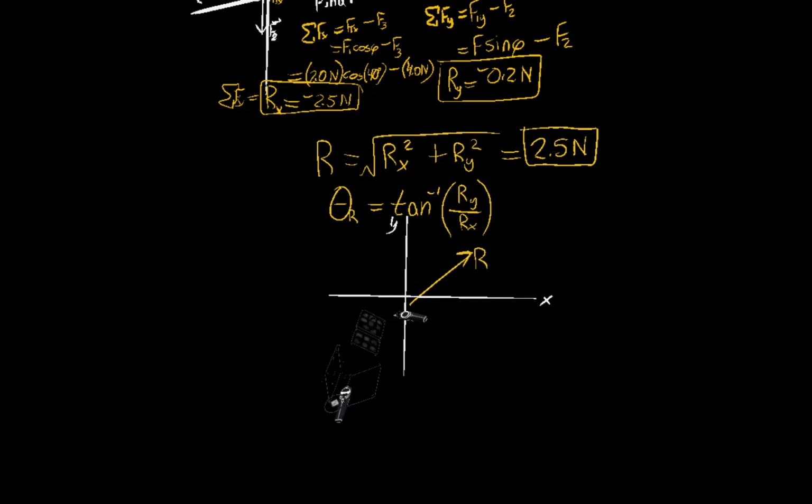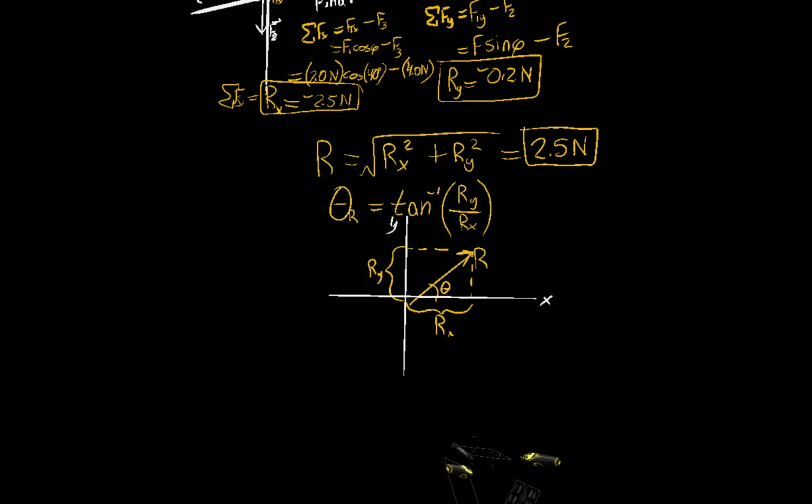And so therefore you have two components to this R. There's Rx and Ry, and it makes some angle. I'm calling this one theta. And so if you want to find the angle, and you have Rx and you have Ry, that would be the tangent of the angle. So that's where you get that formula.